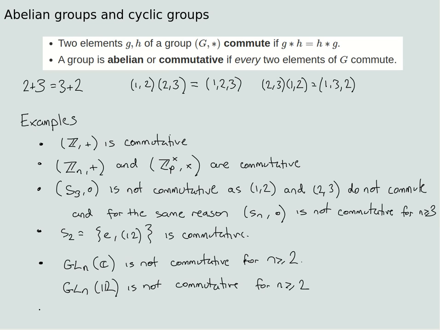On the other hand, if you want to think about what happens when n is equal to 1, GL_1(C) is, let's put this in inverted commas, the group we've met before. It is the group of all non-zero complex numbers under multiplication. So this thing is commutative because complex number multiplication is commutative.